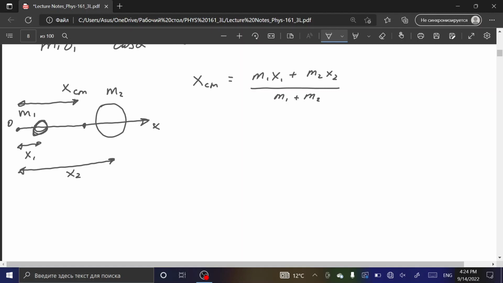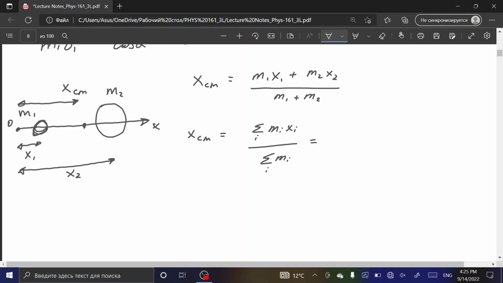So that is this particular case, how we determine it, but it could be that we have many bodies in the system, not only two, so we need to generalize. X center of mass will be equal to the sum for all objects of their masses mi times position xi, divided by the sum of masses of all objects, meaning the mass of the system which we consider.